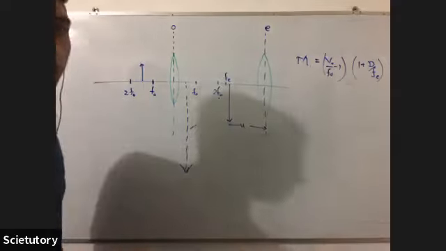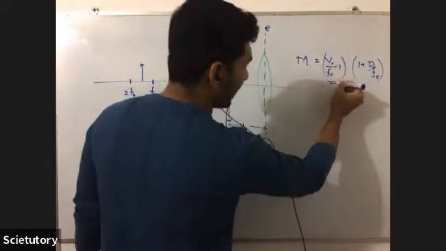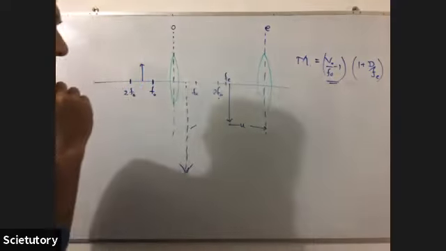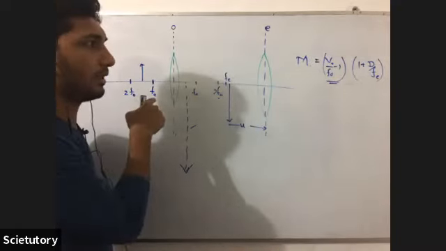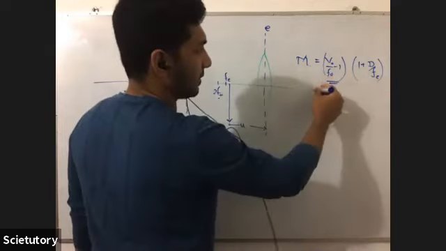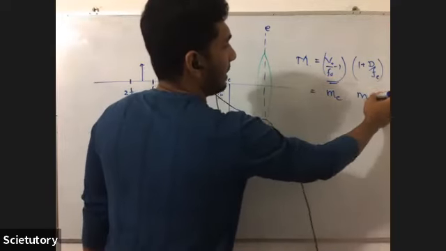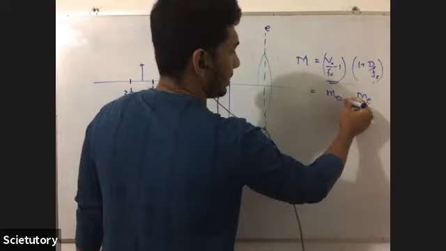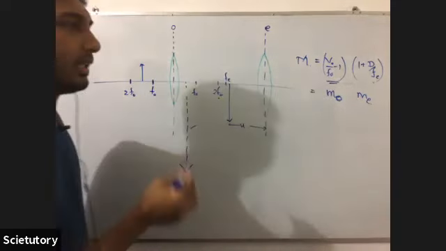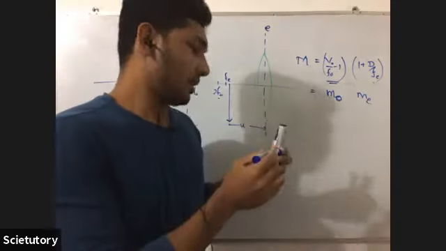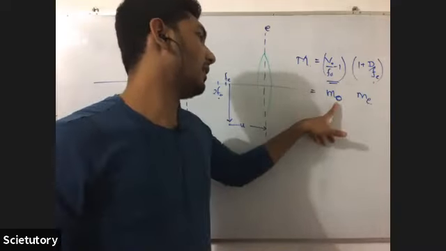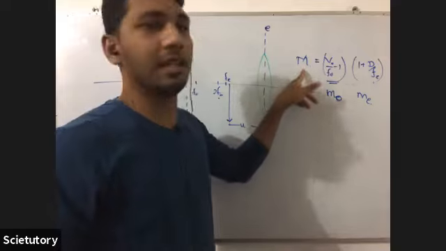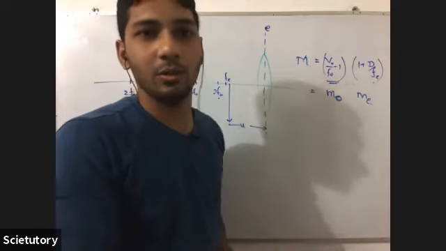Do you understand? This component is actually the linear magnification of the objective. This component is the linear magnification of the eyepiece. Both are linear. It's the multiplication of those two linear magnifications that gives the angular magnification.